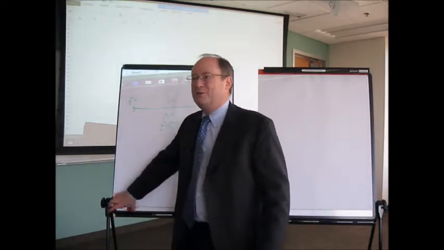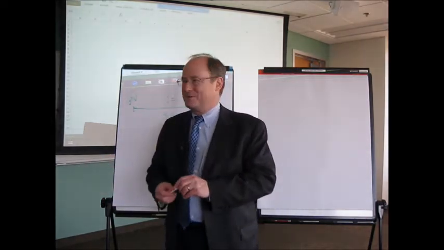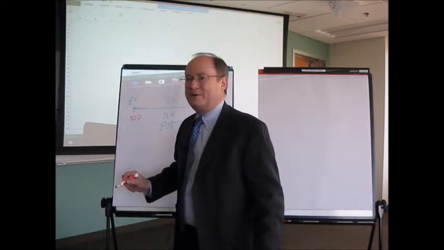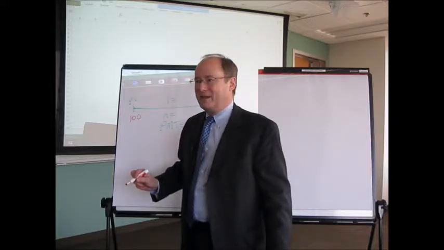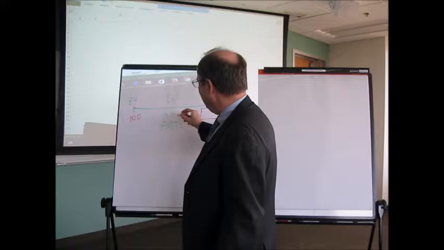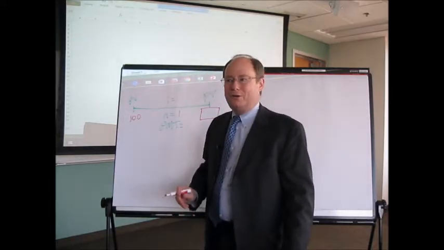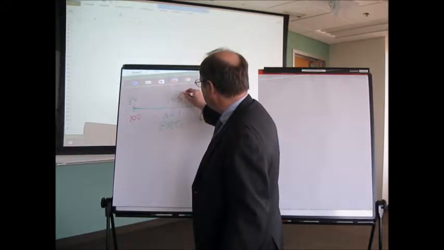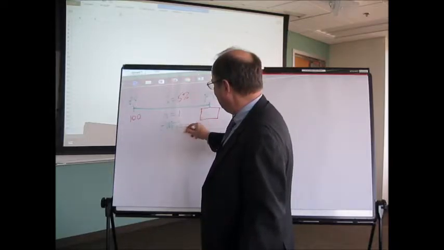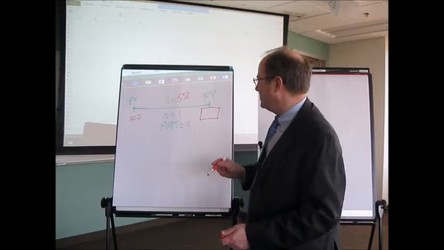So, let's do it very simplistically for starters. I want to invest $100 today. I don't know what it's going to be worth in the future. It's going to be invested for 1 year at 5% interest. And payments don't count because there aren't going to be any payments.